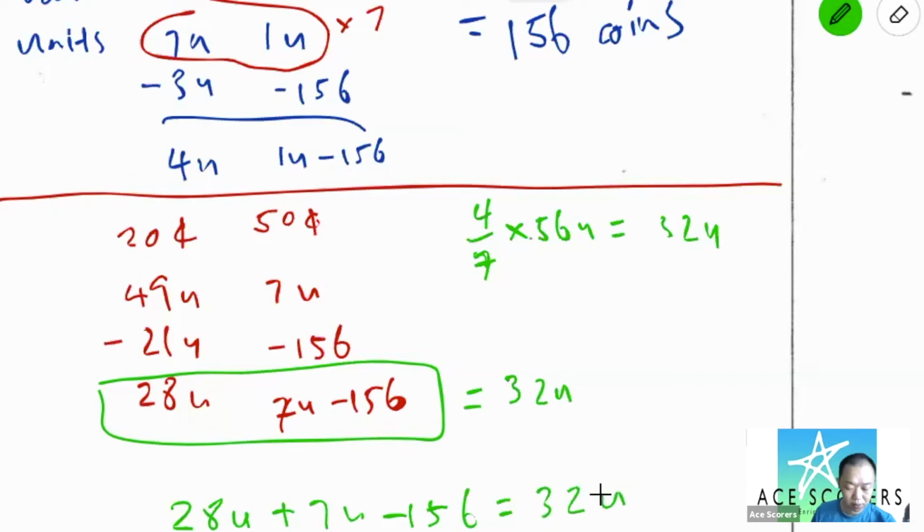So if I were to remove everything, 35 units minus 156 equals 32 units. So 3 units equals 156 and 1 unit equals 52. Okay? And I haven't solved the question yet.